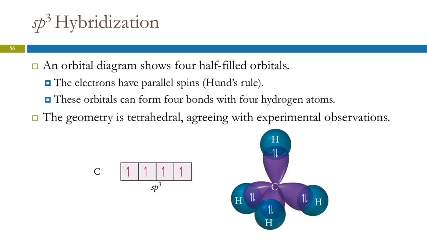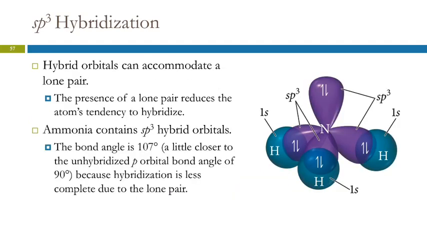You can have a lone pair in a hybrid orbital. The presence of that lone pair is going to reduce the atom's tendency to hybridize, but it'll still hybridize. So if we think about ammonia, let's draw the orbital diagram for nitrogen.